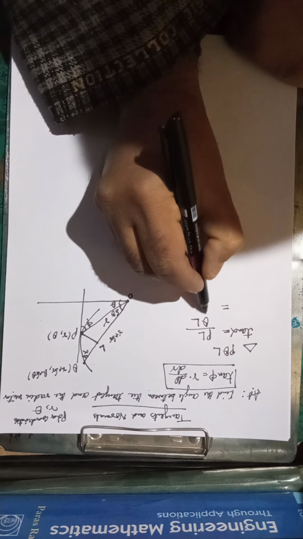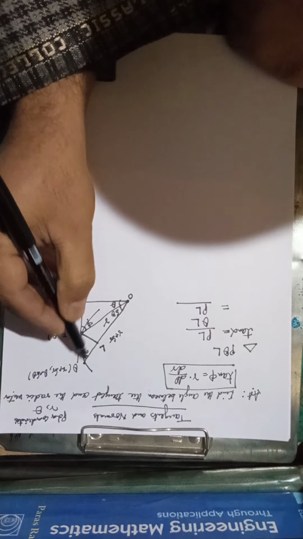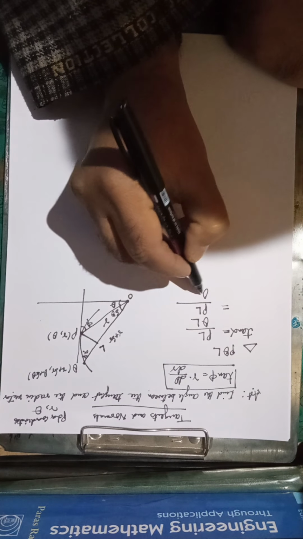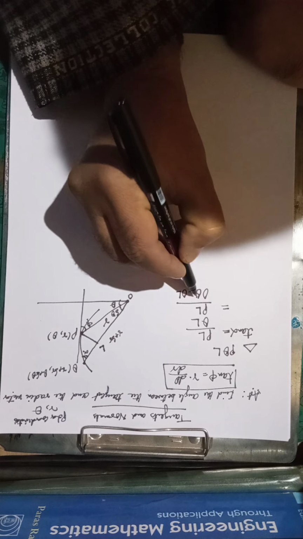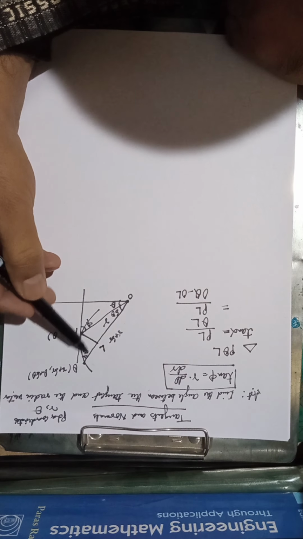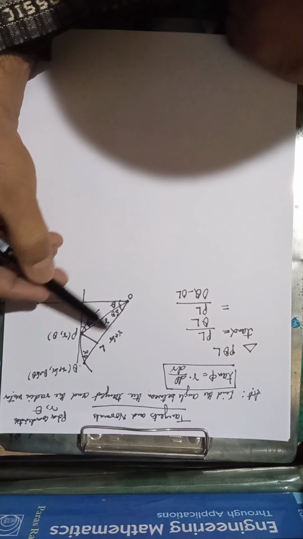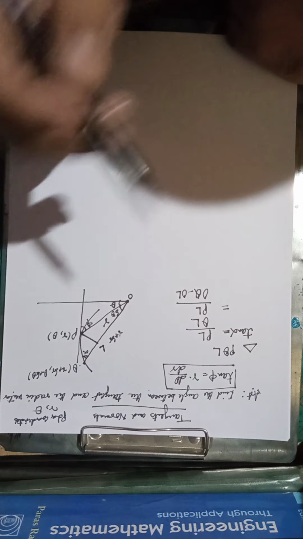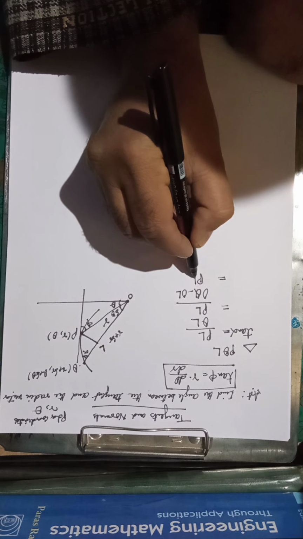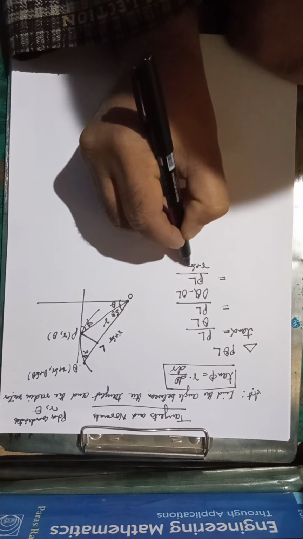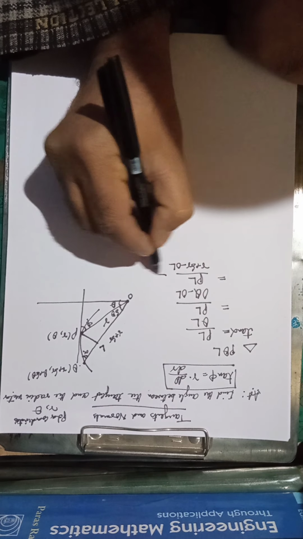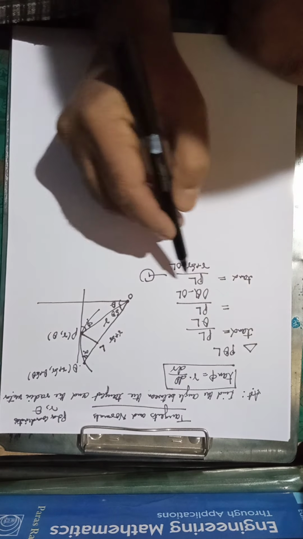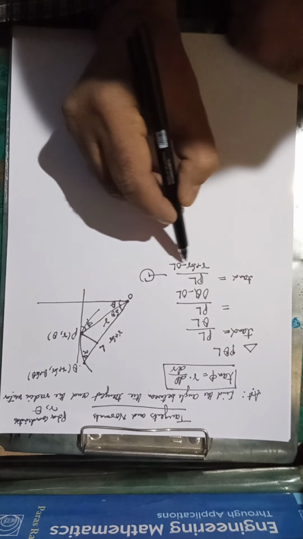But your QL can be written as OQ minus OL. But what is OQ? OQ is the radius vector r plus delta r. So QL is r plus delta r minus OL. This is 1. You have tan alpha is PL upon r plus delta r minus OL.